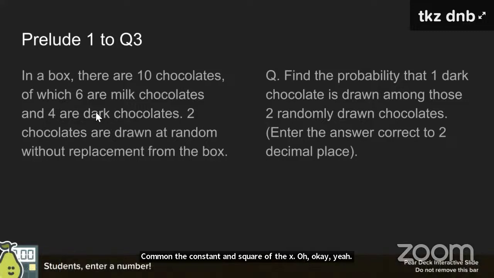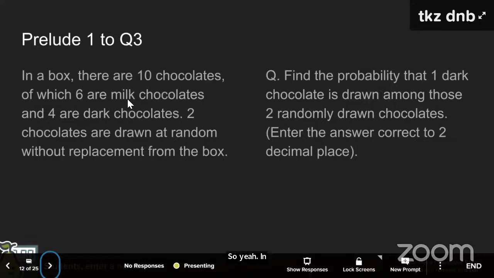So yeah. In a box, there are 10 chocolates, of which 6 are milk chocolate and 4 are dark chocolates. 2 chocolates are drawn at random without replacement from the box. Find the probability that one dark chocolate is drawn among those 2 randomly drawn chocolates. Okay.